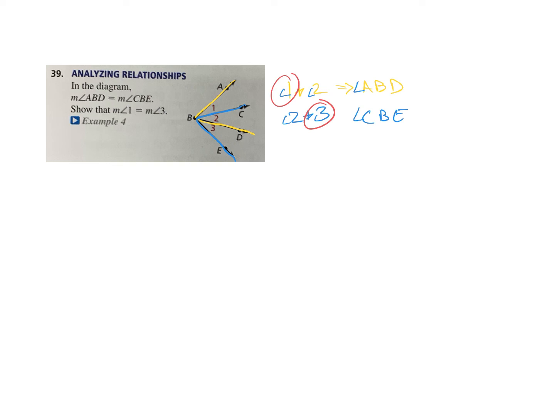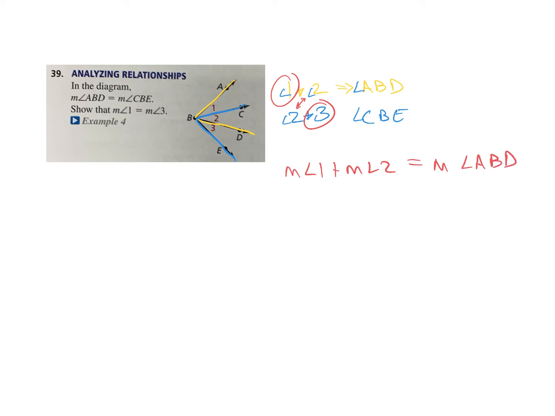Well, I see a transitive property here. So just briefly talking through how to set this up, we should be able to show that the measure of angle 1 plus the measure of angle 2 equals the measure of angle ABD. All right?